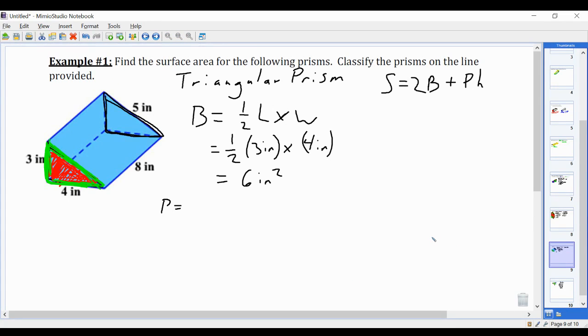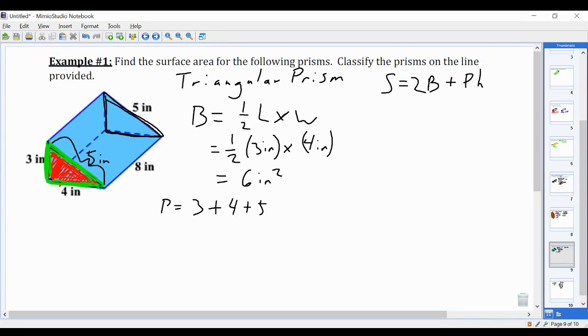Now that we know what the length of our hypotenuse side is, we know it's 5 inches. And now we can finish finding our perimeter. So the perimeter, the distance all the way around, is just 3 plus 4 plus 5.